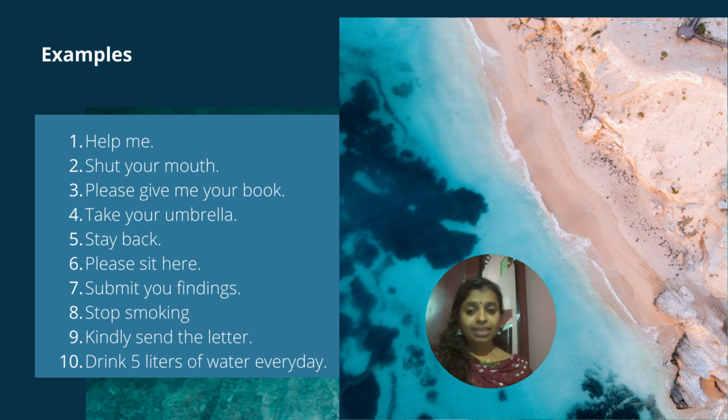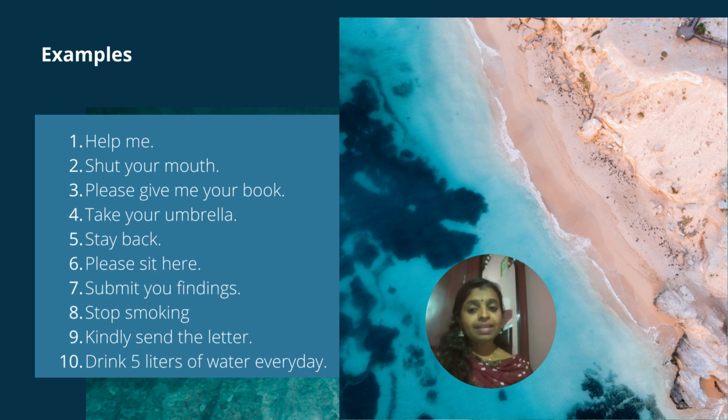Then it is understood that it is a command. Then the second one is "shut your mouth." While changing "help me," what will happen? "Help me. Let me be helped." And "shut your mouth," by hearing or reading itself, it will be understood that it is an order. So "you are ordered to shut your mouth."